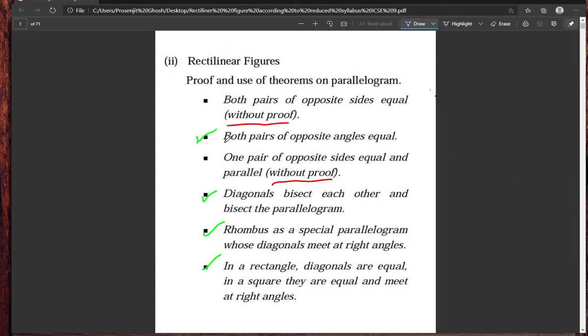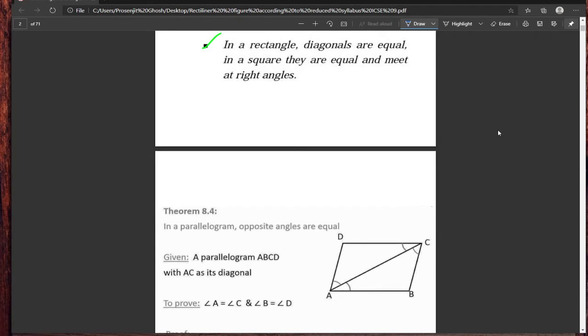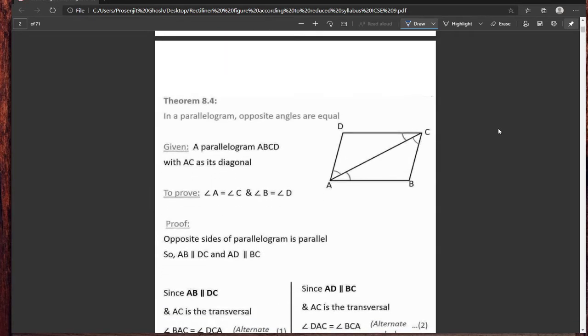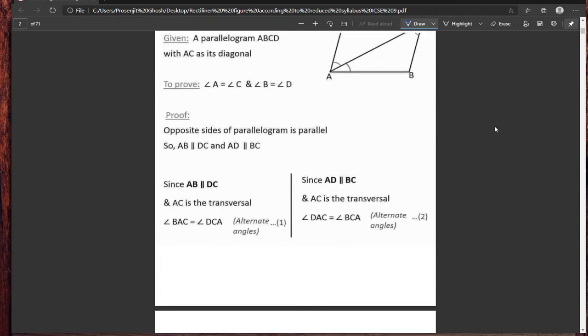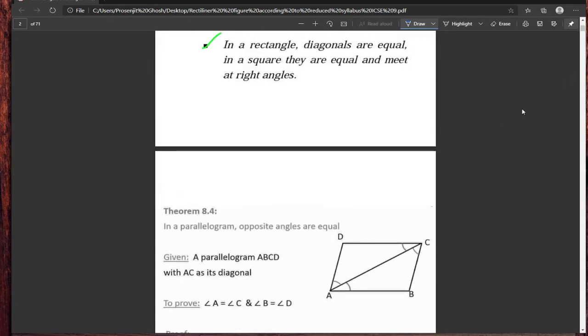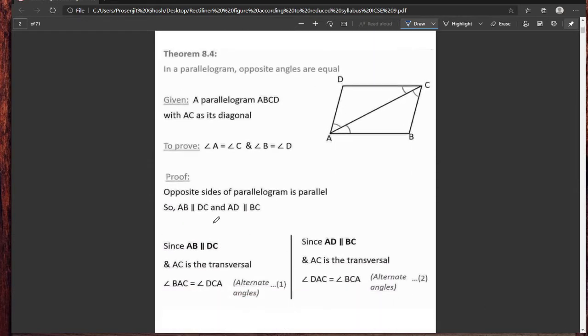Let's see. The first proof is that both pairs of opposite angles are equal. That must hold for a parallelogram, or you can say for a quadrilateral. First of all, here is what is given: you have to take a parallelogram ABCD, where AC is the diagonal.